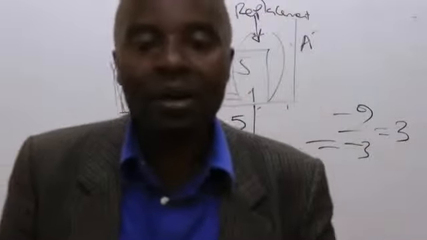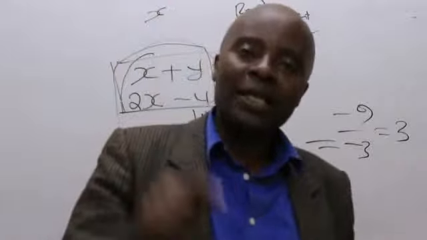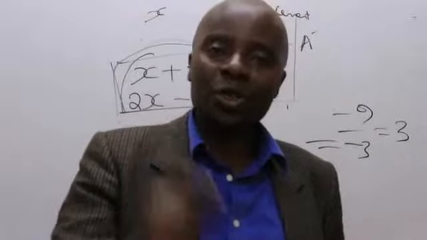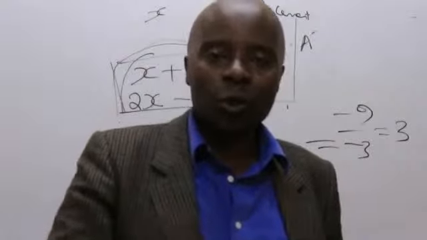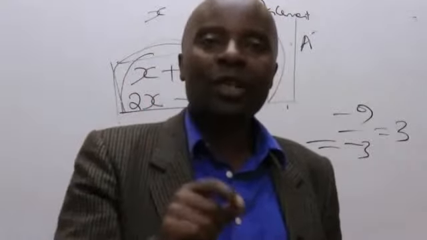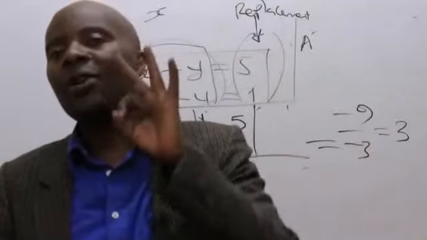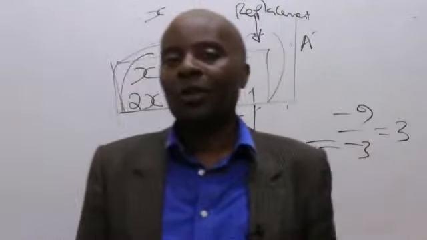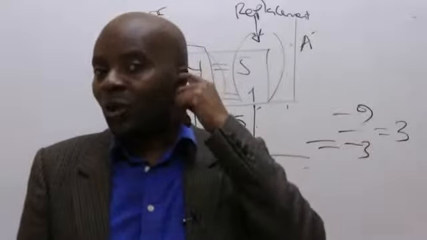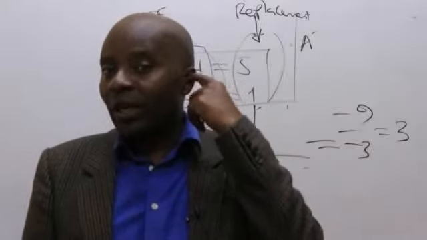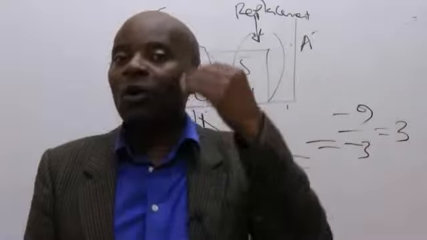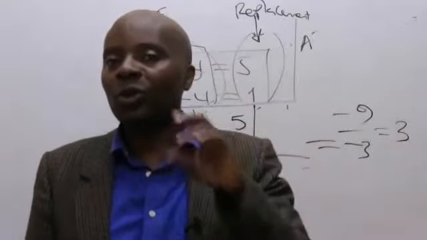And remember, your examiner does not restrict you. He simply tells you to use matrices. It even becomes much simpler when you have got 3 unknowns, as I will be showing you in my next class. With 3 unknowns, ladies and gentlemen, remember all those basic steps that you have got to go through to inverse.